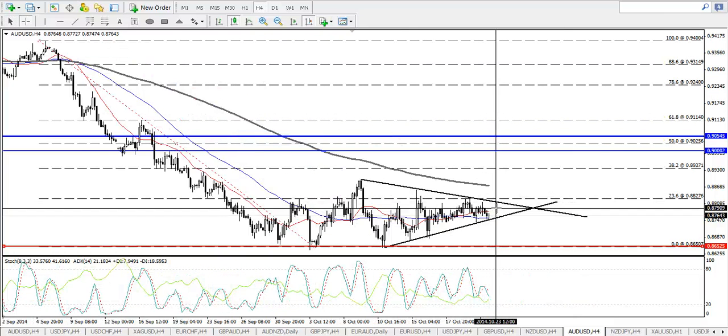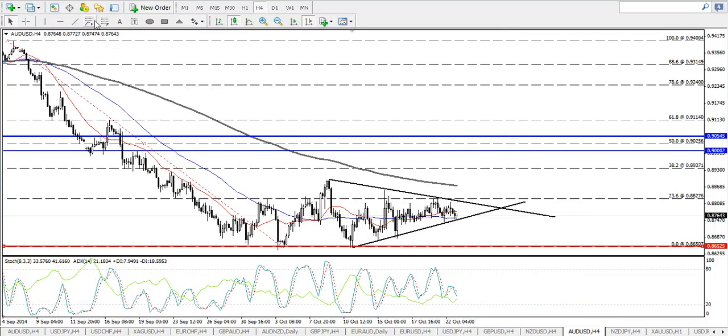If it breaks above, there are a few levels to look at. The first level is the previous high of the retracement at the price of 0.8895, and if it breaks above, then we shall look at the price of 0.9000, which is the second exhaustion level, followed by the final one at 0.9054.